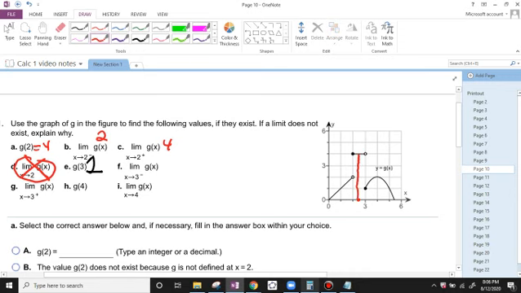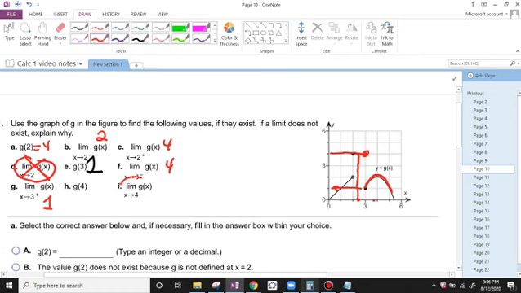That puts me here. If I go to 3, that puts me here. That number is 4. Limit from the left is 4. The limit from the right of 3, I'm on this graph. I'm getting closer to 3 from the right. That is 1. The limit from the right is 1.